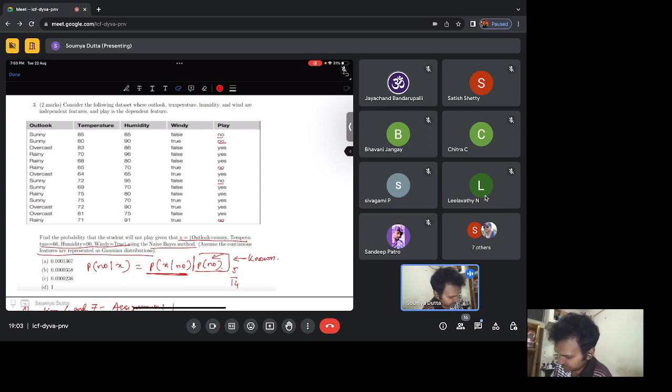So what are the features that have been given to you? Outlook is sunny, so x given no equals p of sunny given no, into p of temperature equal to 66 given no, into p of humidity of 90 given no, and p of windy equal to true given no. This is easy.